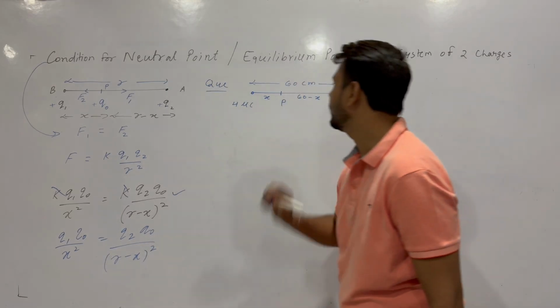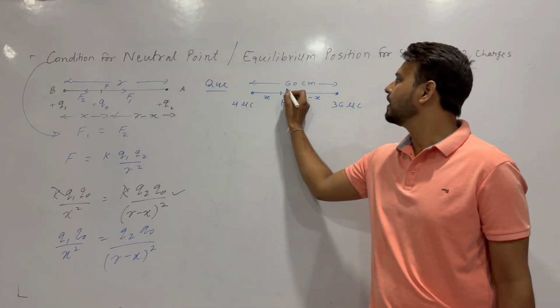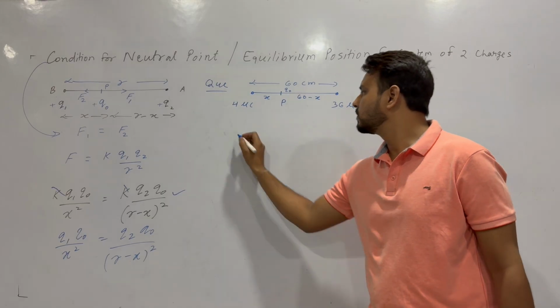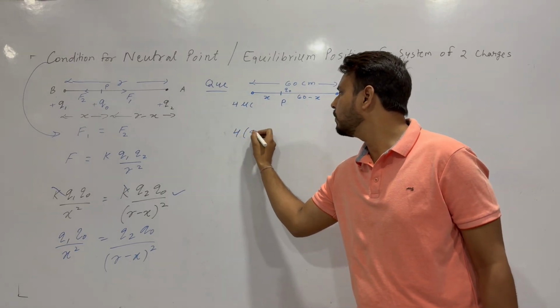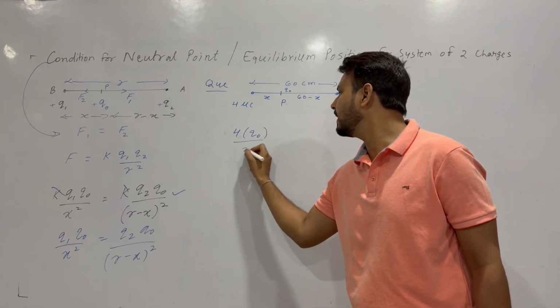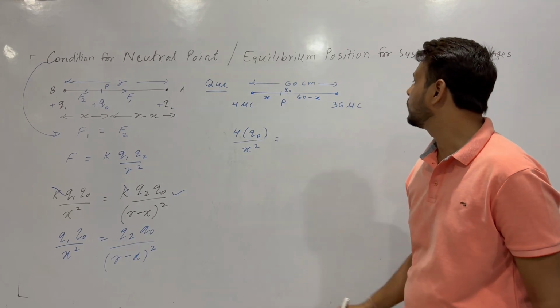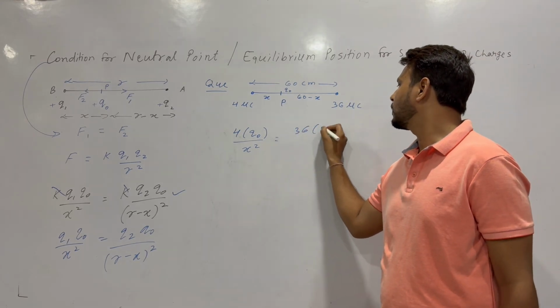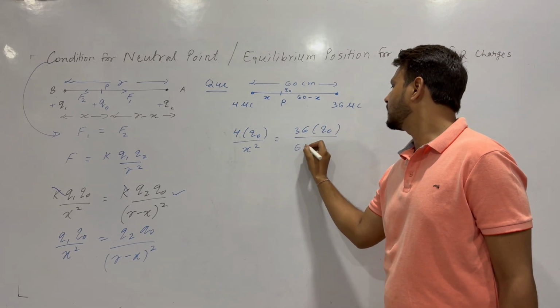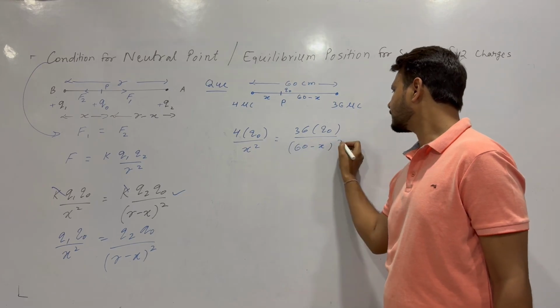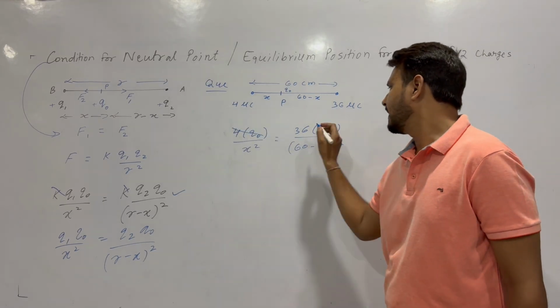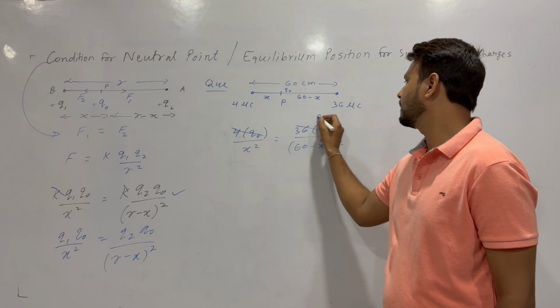Now applying this over here, with another charge Q0, we get 4 into Q0 divided by X square equal to 36 into Q0 divided by 60 minus X whole square. Now cancelling, we get 9.